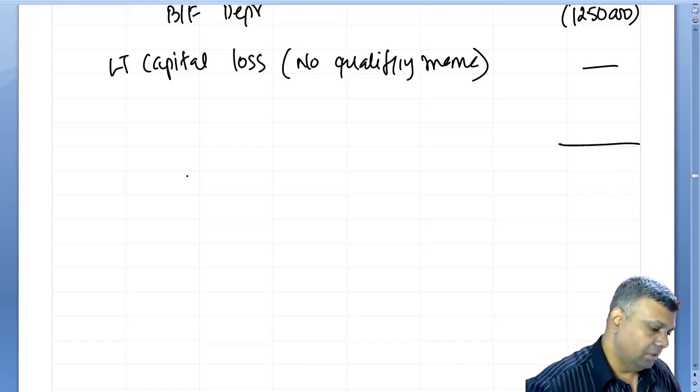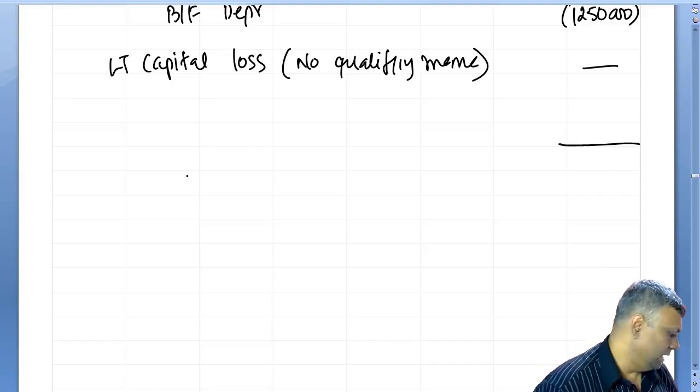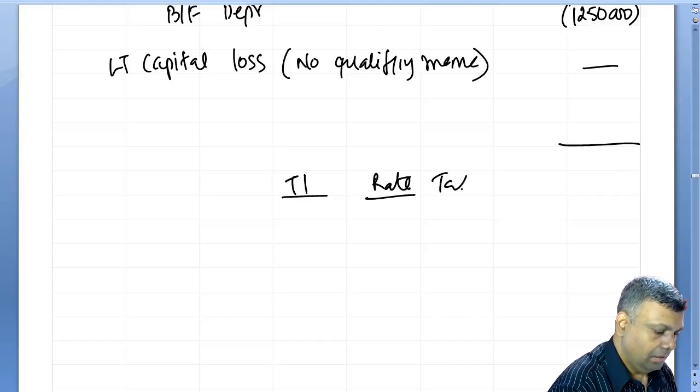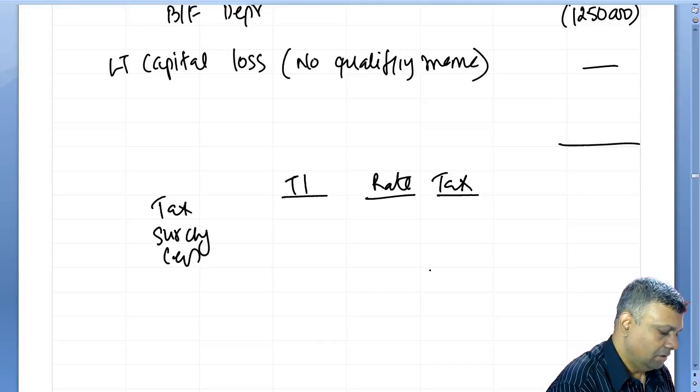After the total, we'll do the tax liability calculation. So we'll make a small table: total income, rate, tax amount, tax, surcharge, and the cess.